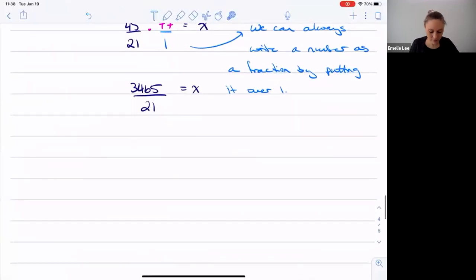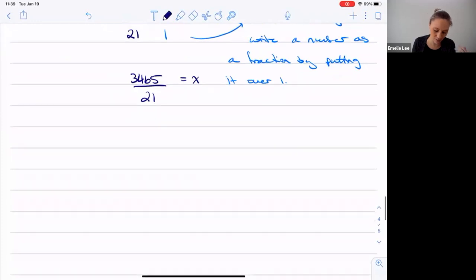And here, Rupert, one of my quirks, though it's not that weird, is that I like to have whatever I'm solving for on the left-hand side. So in one go, I'm going to rewrite this. I think we can all convince ourselves that 3,465 over 21 is equal to x is the same thing as saying x is equal to 3,465 over 21.